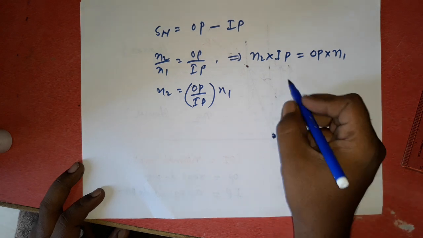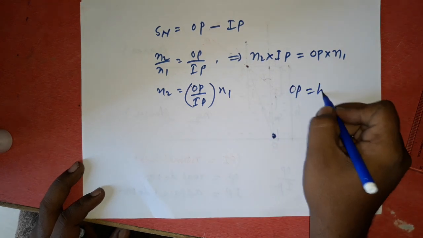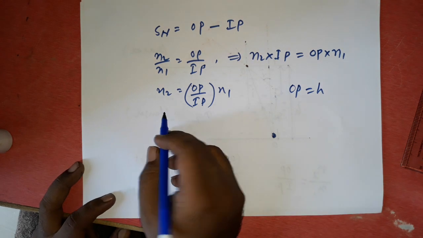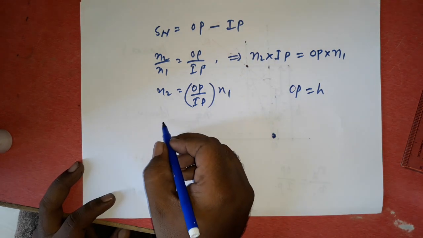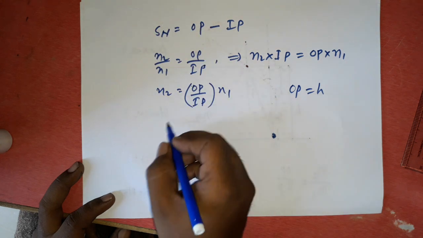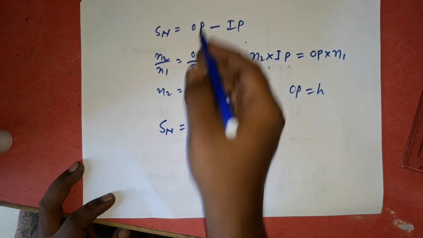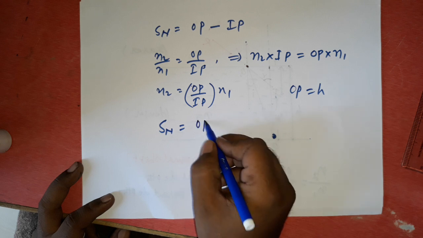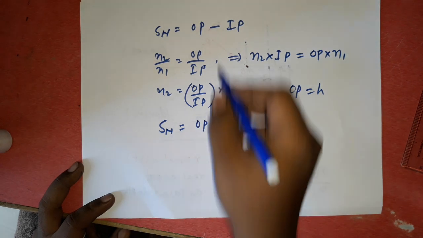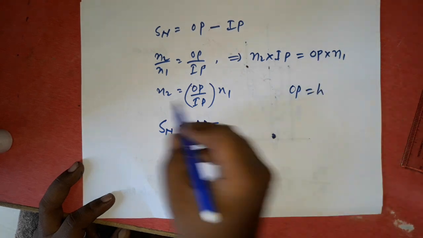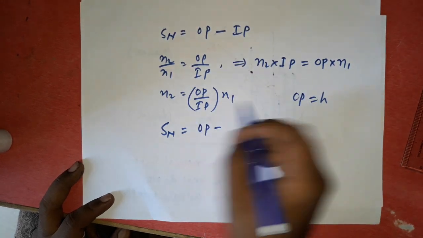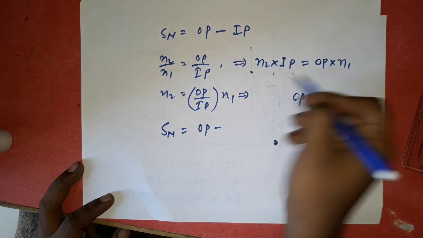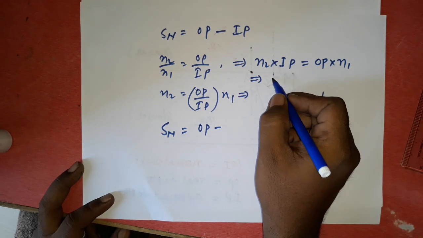Followed this. OP is nothing but real depth, which I have taken equal to H, or you can take some other letter also, thickness of the medium like that. Then normal shift is equal to OP minus IP. From this equation, what is IP?